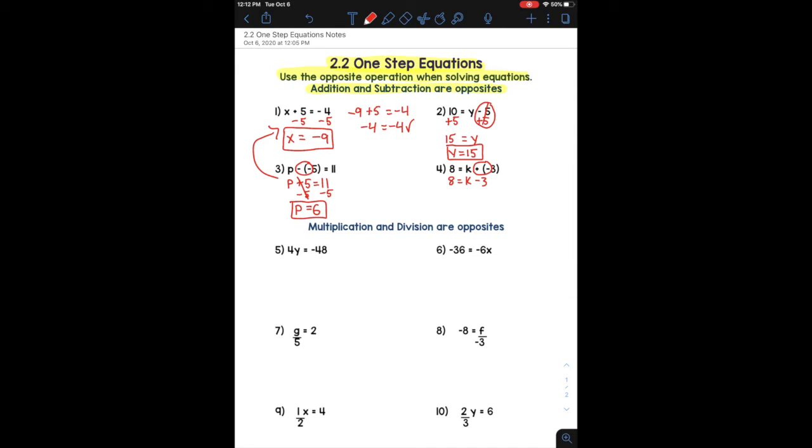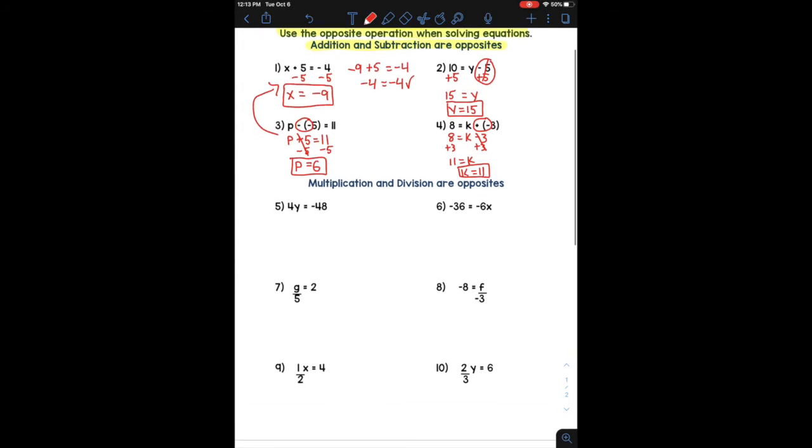So now that we have one operation, we know that we should do the opposite to solve for it. 3 is being taken away from k, so what we're going to do to solve is add 3 to both sides to get 11 equals k, because -3 plus 3 is 0. And we always want to write, again, our answer with the variable first, so we have our answer as k equals 11.